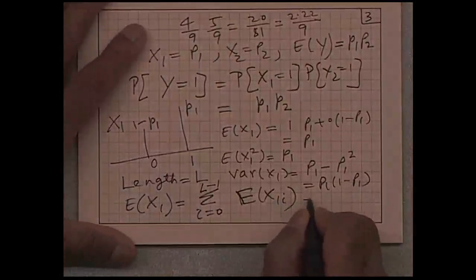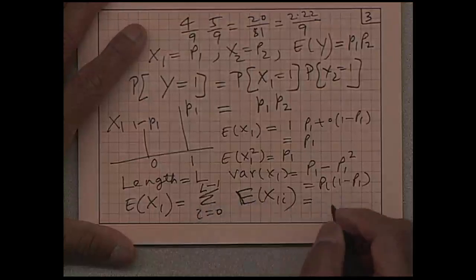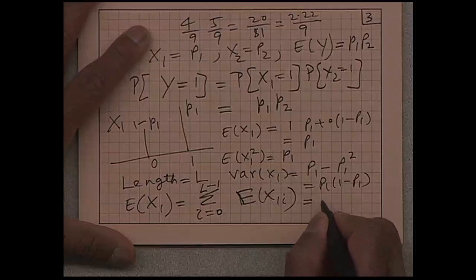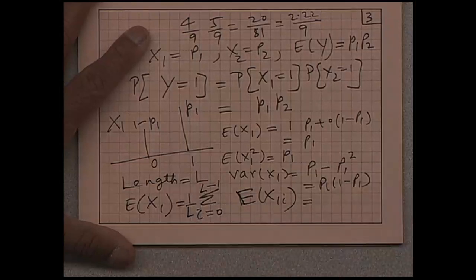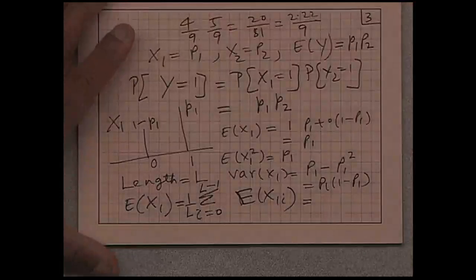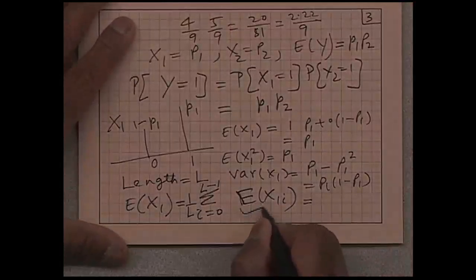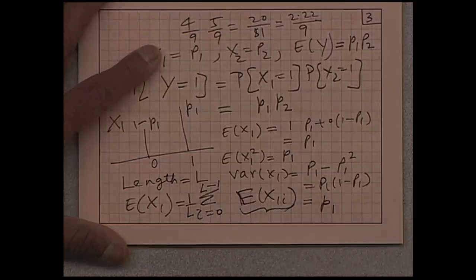The expectation of the sum is the sum of the expectations, so that's P1, divided by L because I need to add all these quantities and divide by L. P1 times L divided by L is P1.